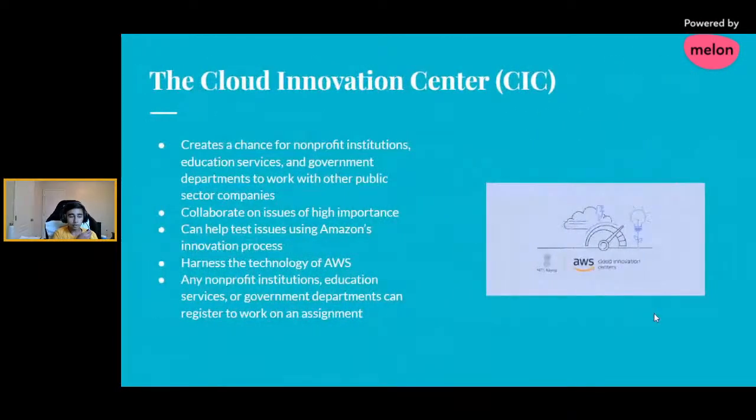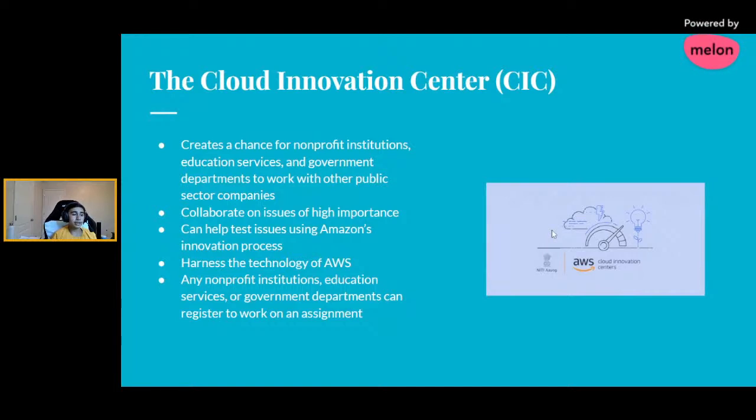All right, now we're going to go in detail about the Cloud Innovation Center, or CIC. The Cloud Innovation Center creates a chance for nonprofit institutions, education services, and government departments to work with other public sector companies. And they're going to be able to collaborate on issues of high importance.